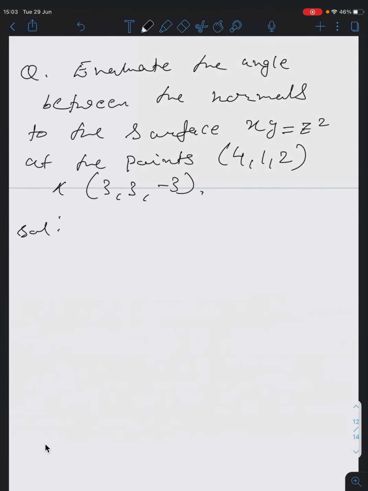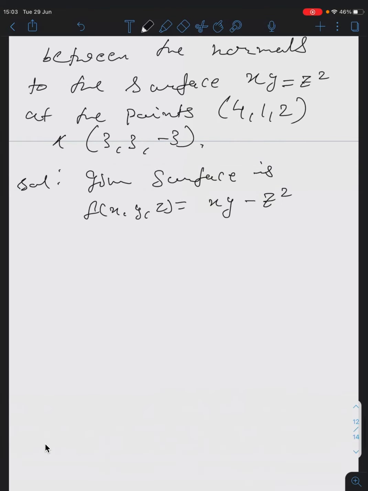So let the given surface be f of x, y, z, which can be written as xy minus z square. Now you have two normals, which I'm denoting with n1 bar and n2 bar.